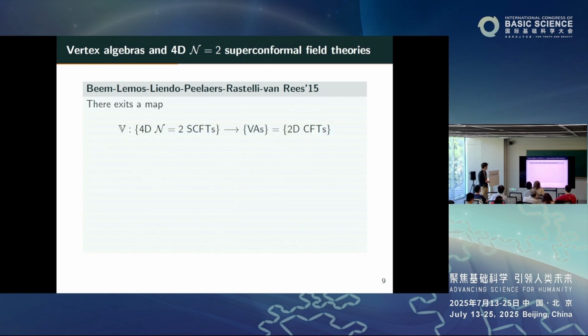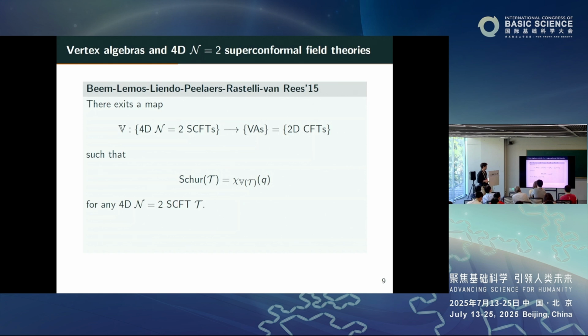They define a map, or certain functor, from the category of 4D N=2 superconformal field theories to the category of vertex algebras, which you can identify with the category of two-dimensional conformal theories, which enjoys the following property.